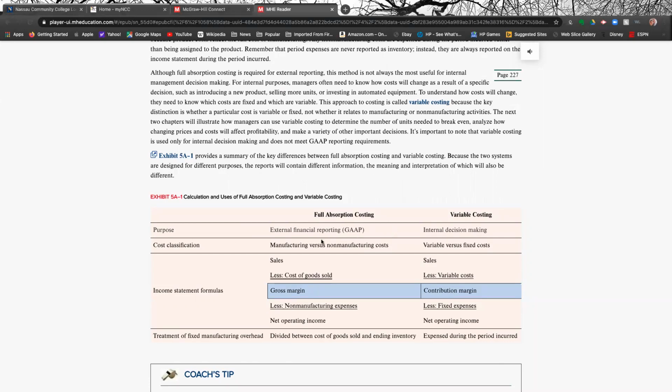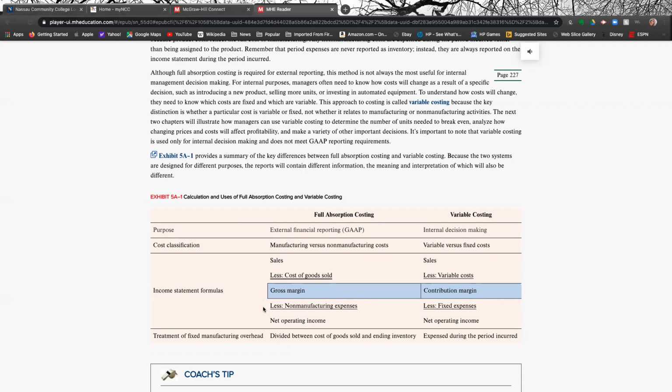On the normal income statement, we look at costs as being either manufacturing versus non-manufacturing. Here, we look at them as being variable versus fixed. The income statement, the normal way, sales minus cost of goods sold is gross profit.